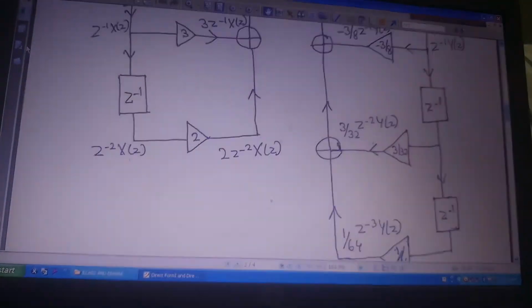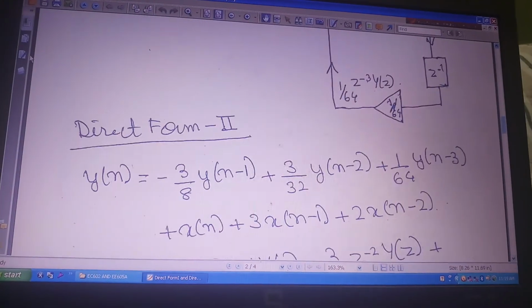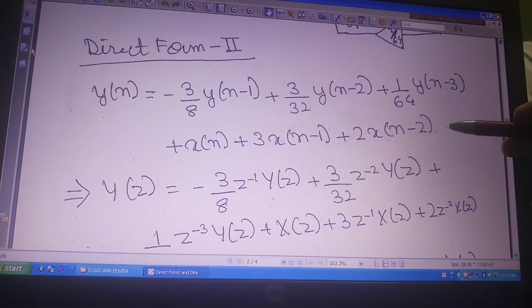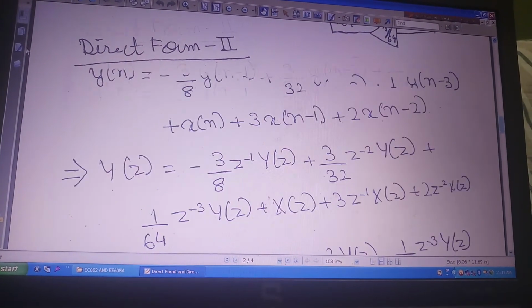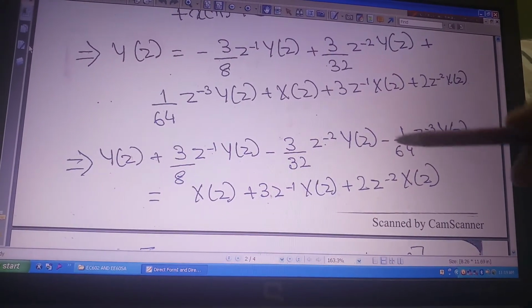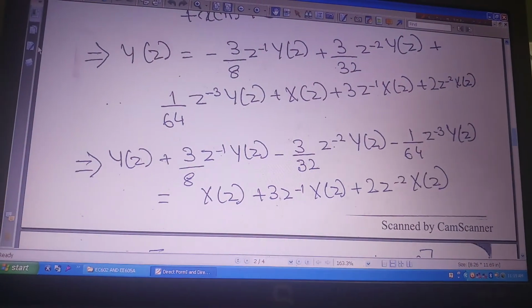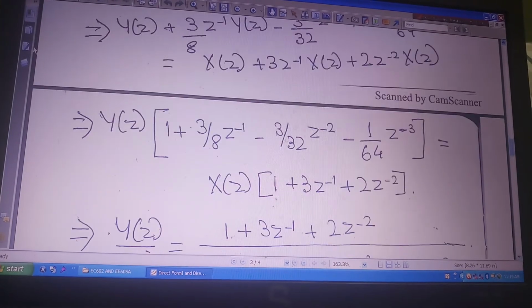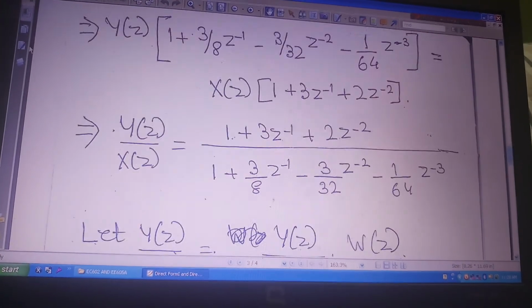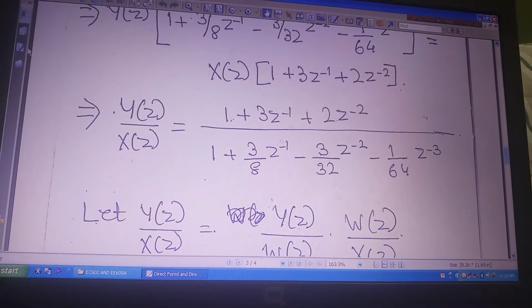Another method is the direct form 2. The initial expression was given with this one, and I get the Z transform. I take the Y(z) terms on one side and the X(z) terms on the other side, so I get Y(z) by X(z) is equal to this one.